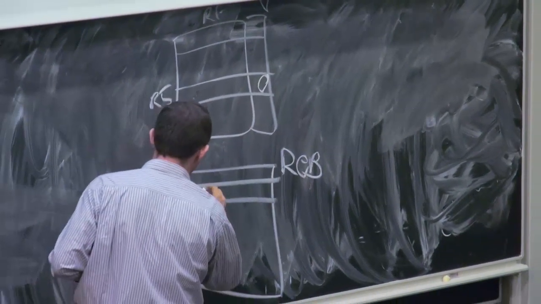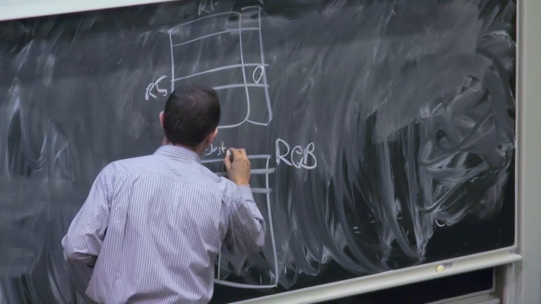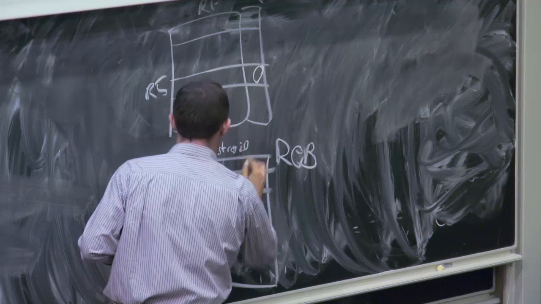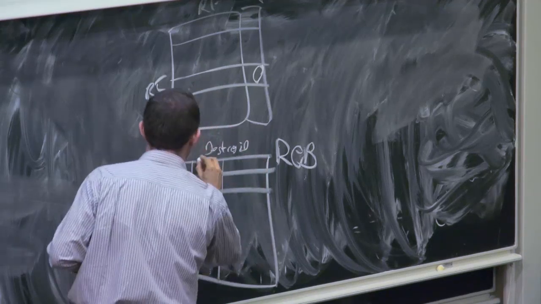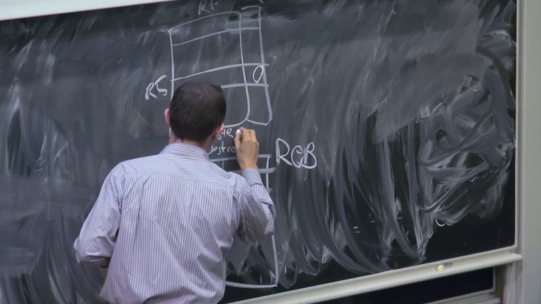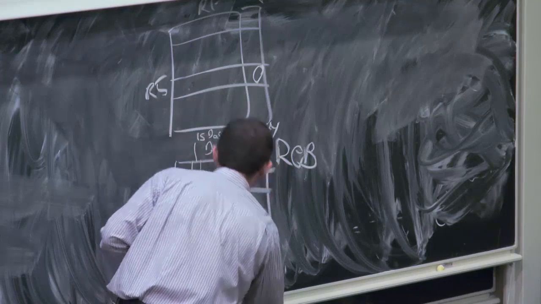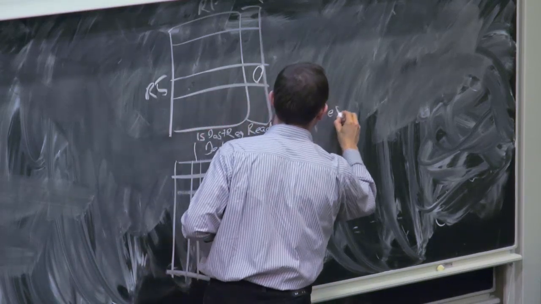How do we know? Because reorder buffer looks like this. We have the destination register ID, and we have a bit saying, is the destination register ready? And we have destination register value.